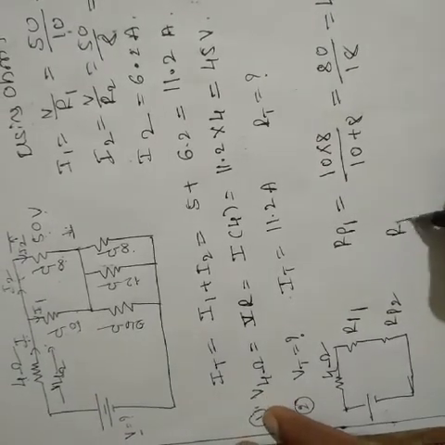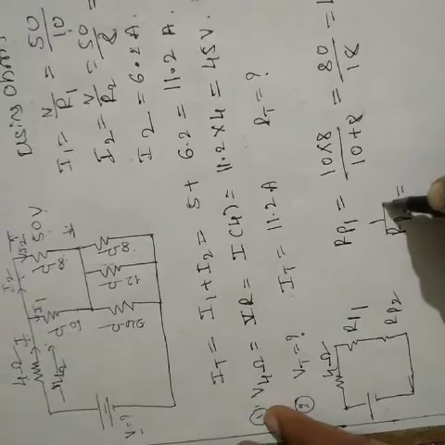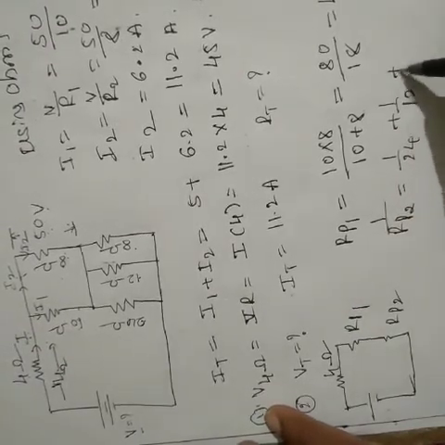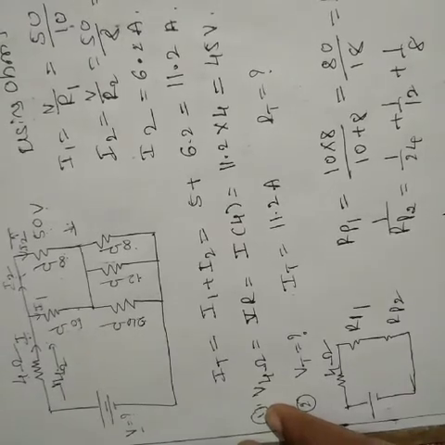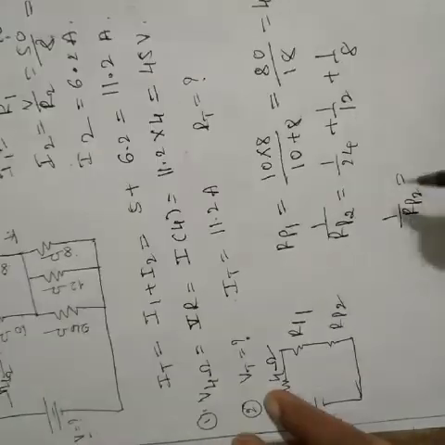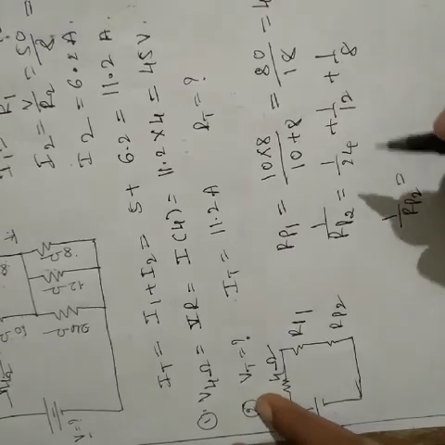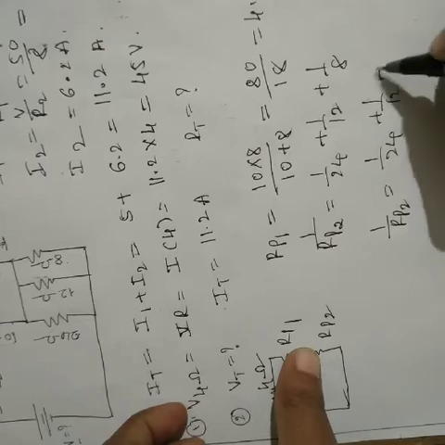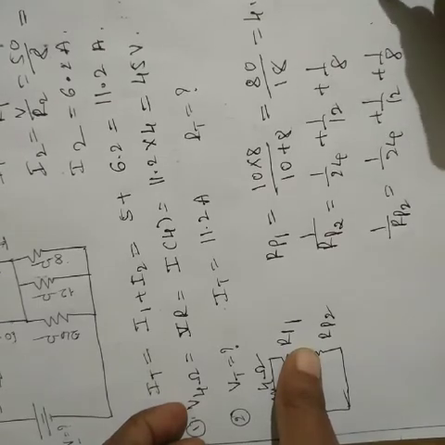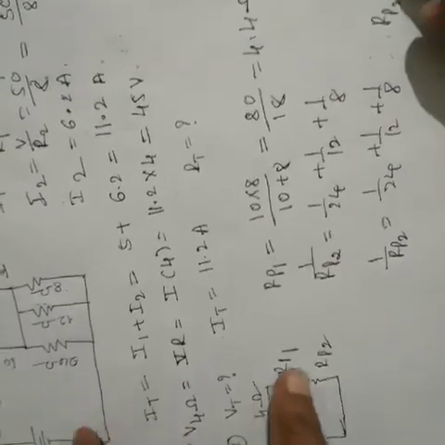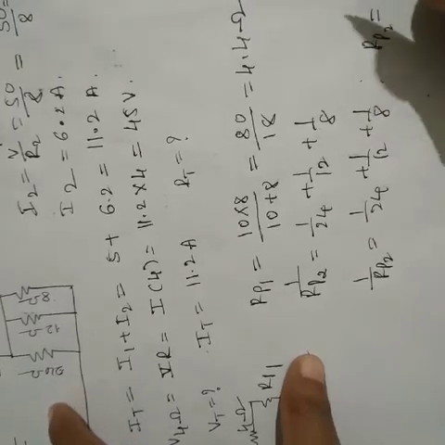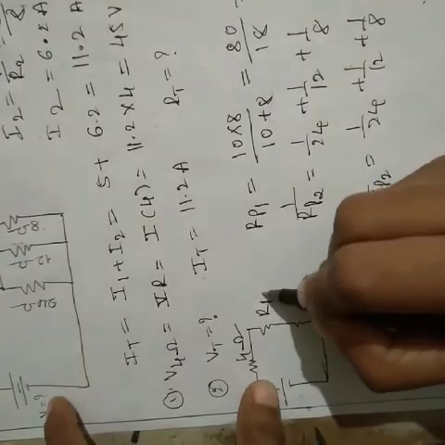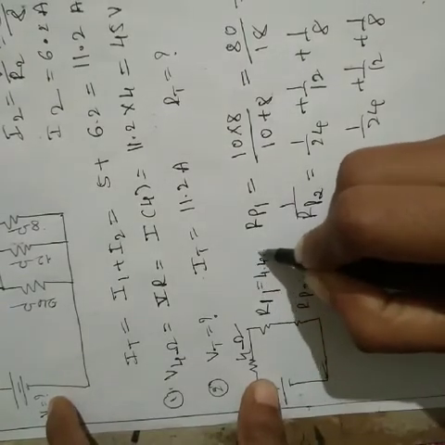Okay, then RP2. 1 by Rp2 is equal to 1 by 24 plus 1 by 12 plus 1 by 8. Therefore, 1 by Rp2, then find 1 by 24 plus 1 by 12 plus 1 by 8. Therefore you simplify, and you get Rp2 as 4 ohm. This is your Rp1, 4.44 ohm.